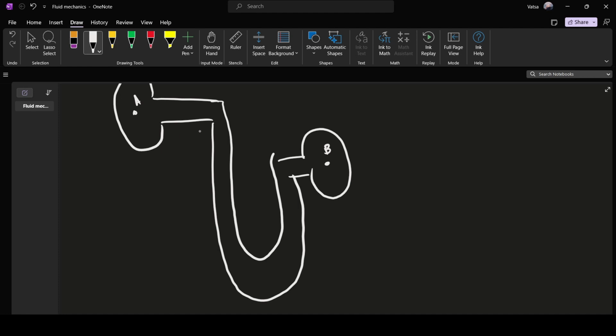There is this liquid. Oh wait, I'll just do this one on the datum line and this one at a height h. So this will be liquid, okay.